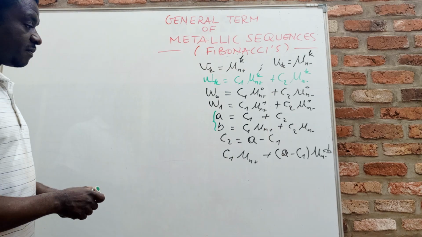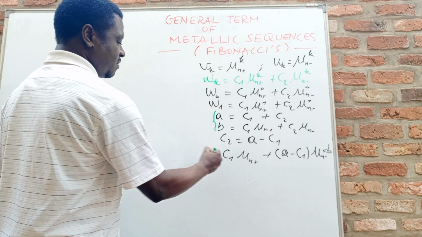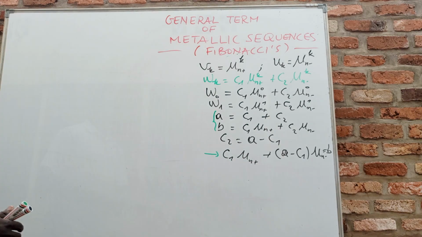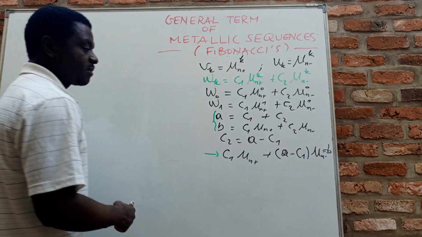And now we have to solve for C1 in terms of the metallic ratio and its conjugate.